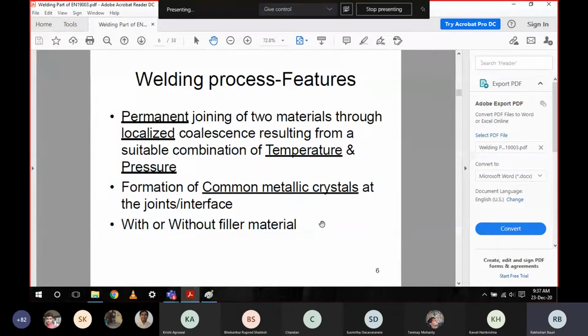Now, welding process features. As I already told you, in welding you are making a permanent joint with a suitable combination of temperature or pressure. And the second feature is formation of common metallic crystals at the joints.